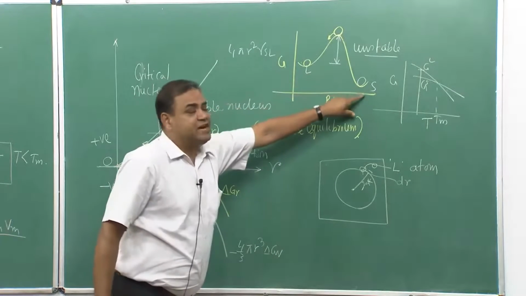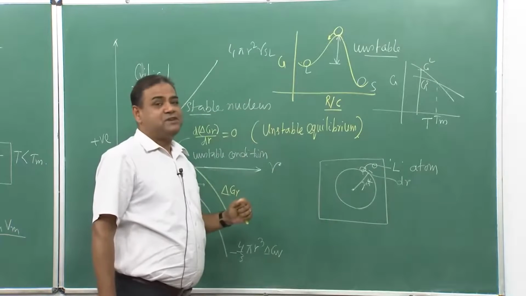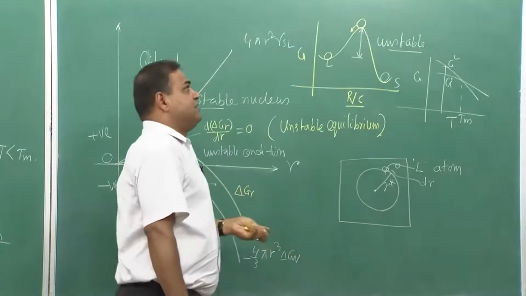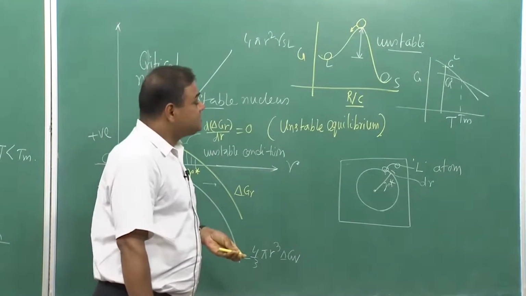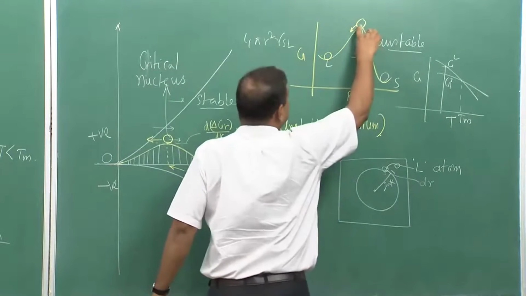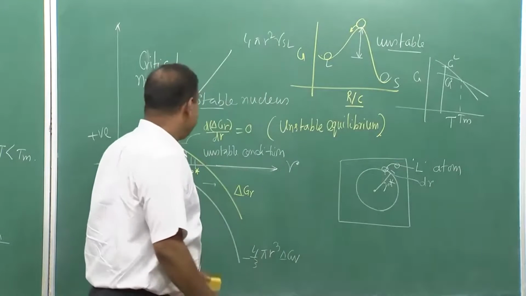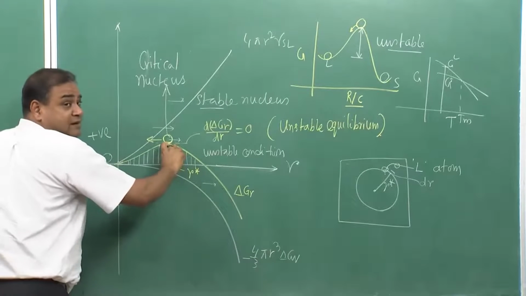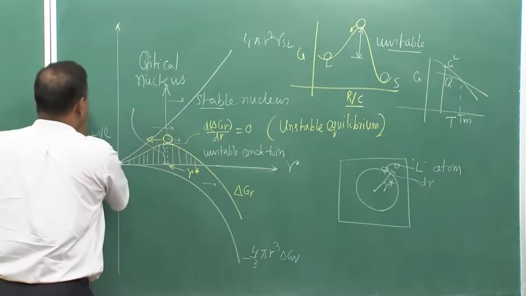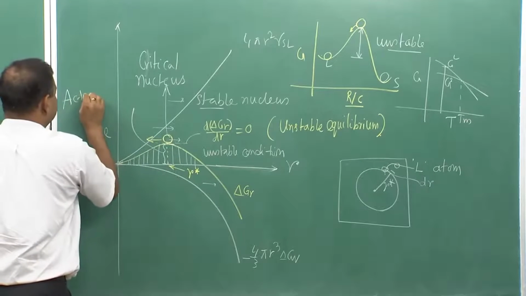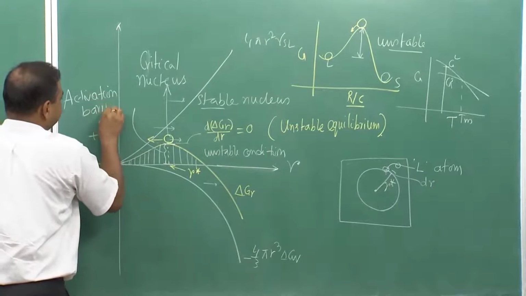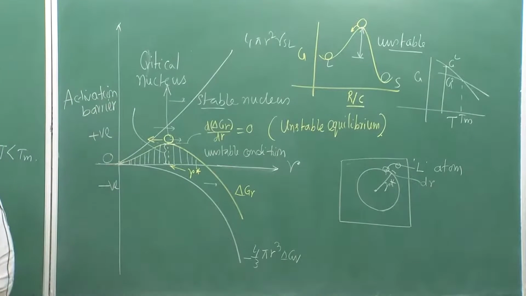So, GL to GS, though there is a spontaneity possible, that means the reaction is possible, because there is always a reduction in free energy, but that does not go the way it moves from here to there, because there is an activation barrier. Okay? So, this activation barrier is this one. Okay? So, this barrier is called activation barrier.